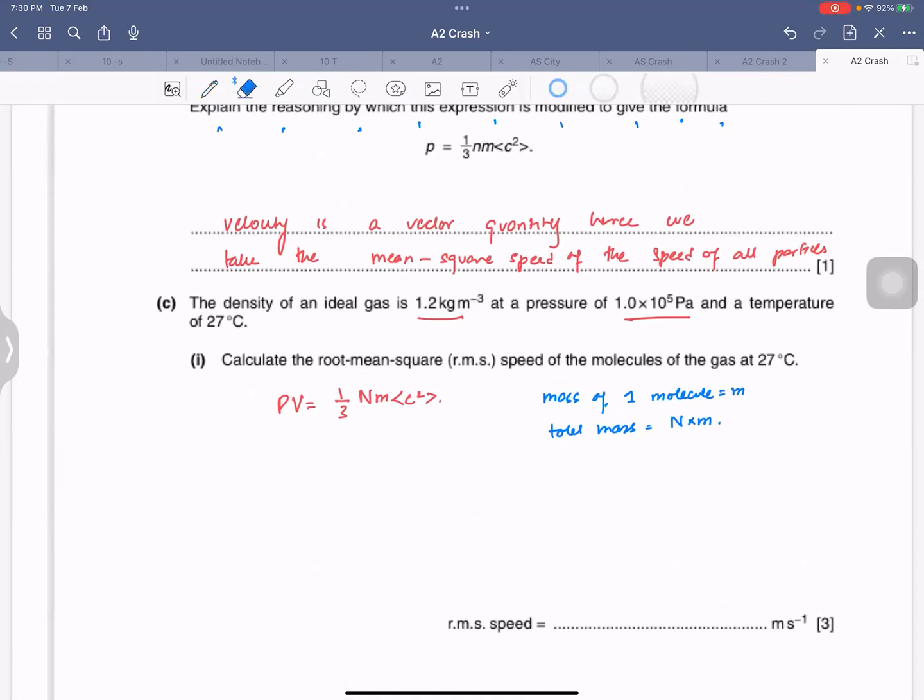Now, if I write P here and I divide NMC square by V, can I also write it as 1 by 3 NM over V times C square?